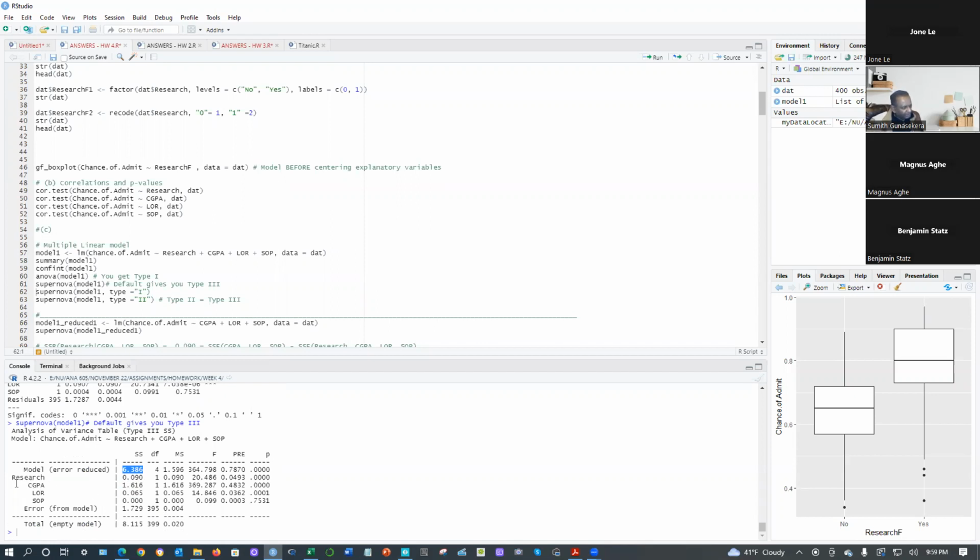That's why this one is like a research, given that CGPA, LOR, and SOP are already in the system. The second entry is nothing but the SSR of X2, given that you already have this one.